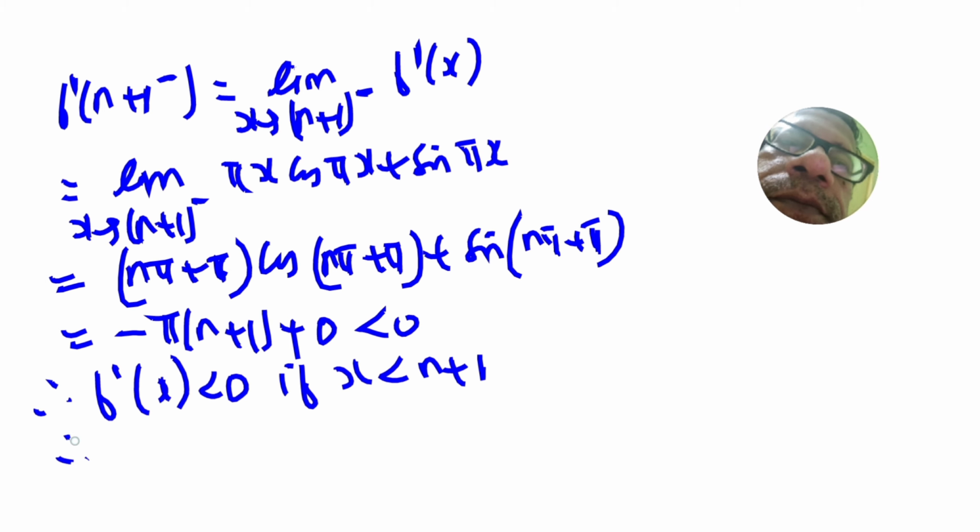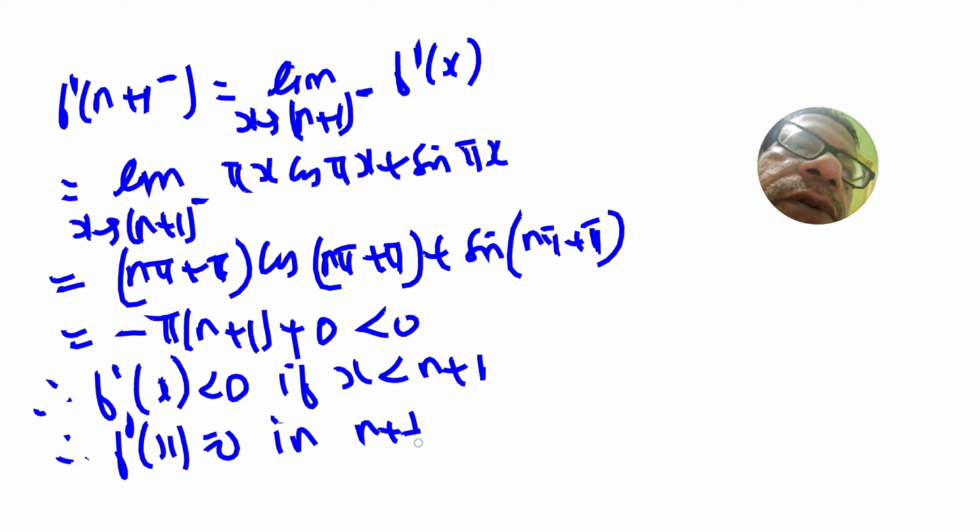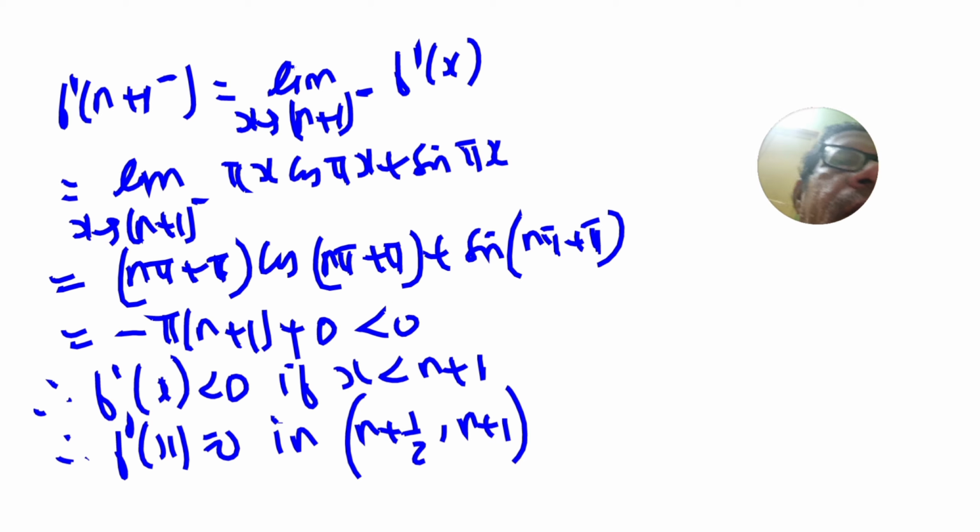Therefore, f dash of x is equal to 0 in the interval n plus 1 by 2 to n plus 1 when n is even. So we have shown that f dash of x equal to 0 in this interval n plus 1 by 2 to n plus 1, irrespective of whether n is odd or even. Therefore, f dash of x vanishes in the interval n plus 1 by 2, n plus 1 at a unique point.